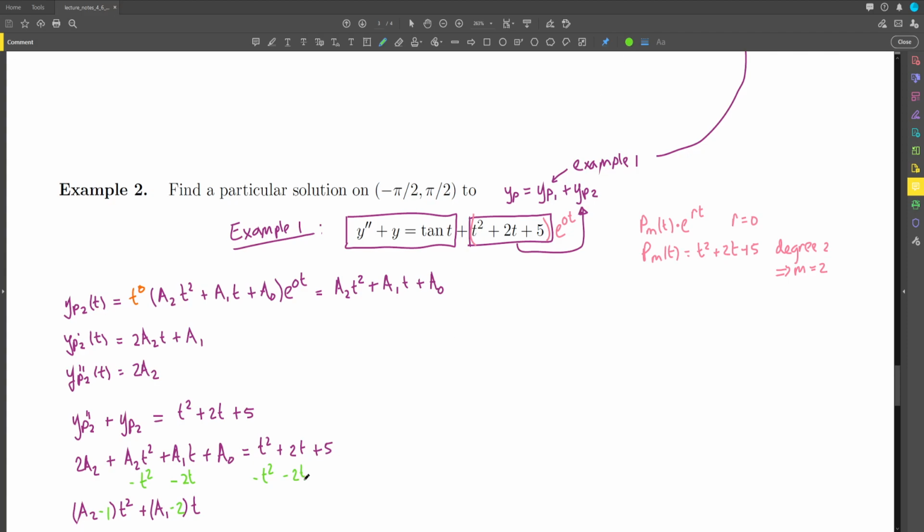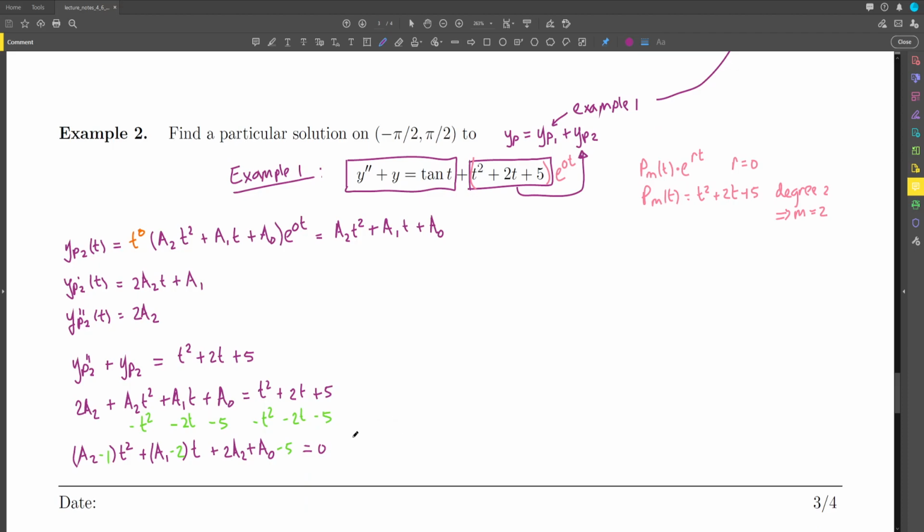And then finally we want to subtract 5 from both sides, and we see that the constant term here will become 2a2 plus a naught minus 5. And then that is identically equal to 0.